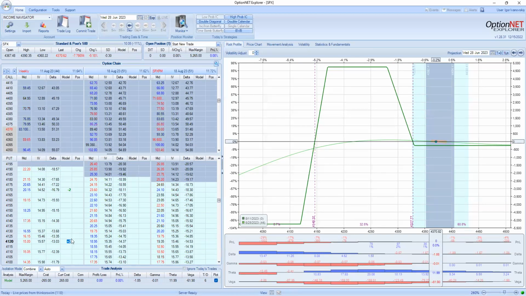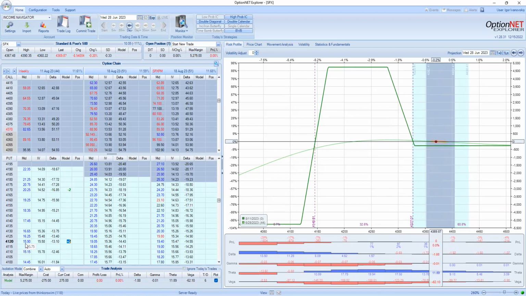Instead of moving it up 10 points, we're maybe just going to move up 5 points. This is going to be a small debit. So if we're collecting $2.50 for rolling the upper long down 10 points, and to roll 41.20 up to 41.25, we're going to pay a debit, right?